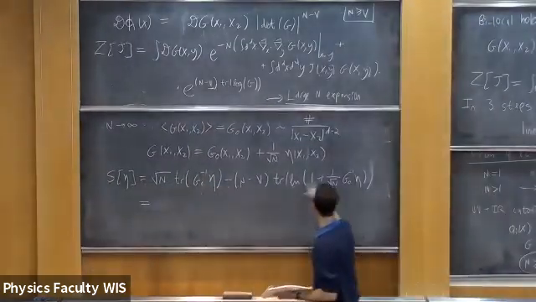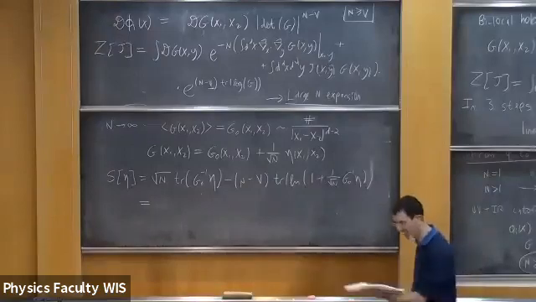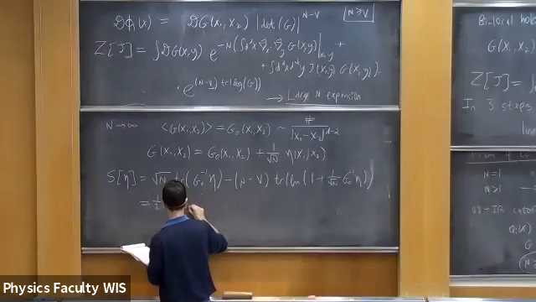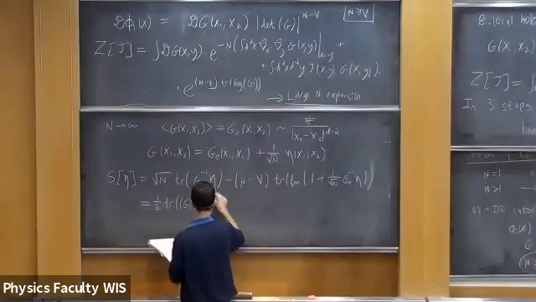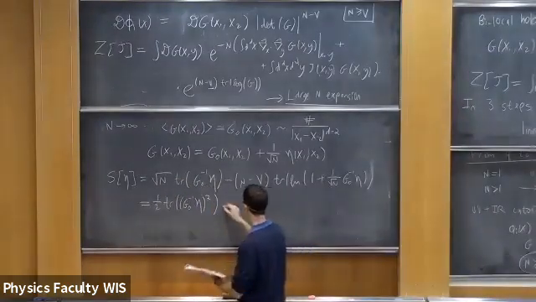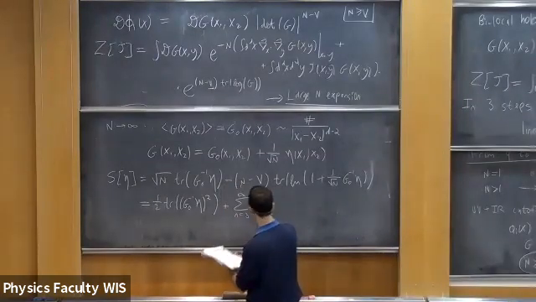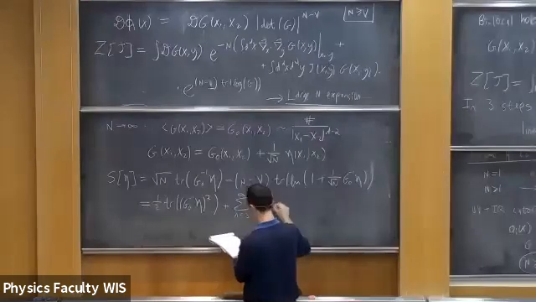Of course, the linear term cancels between these 2 terms. That's what it means that we have a classical solution. And then we have some quadratic term in the etas, which looks like 2 Laplacians acting on eta. Then we have our interaction terms, which are suppressed by appropriate powers of 1 over n.